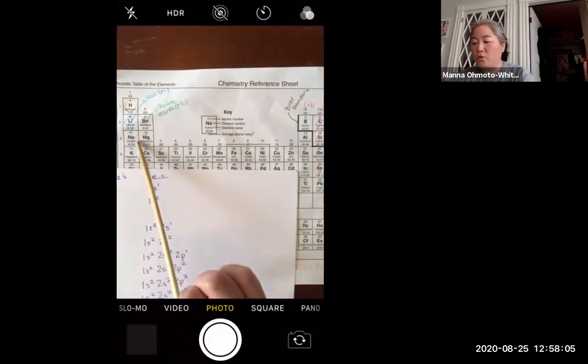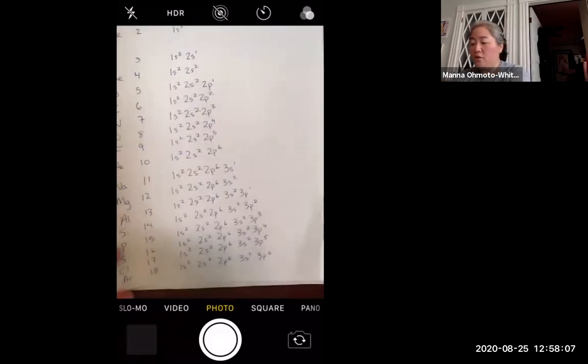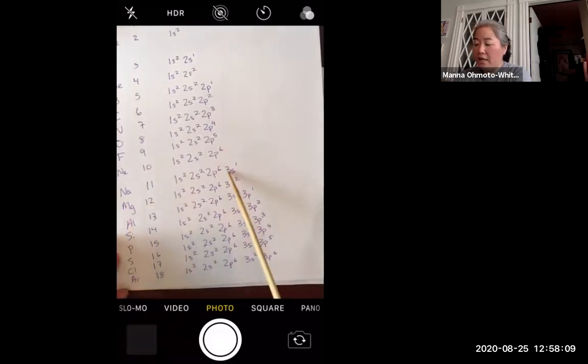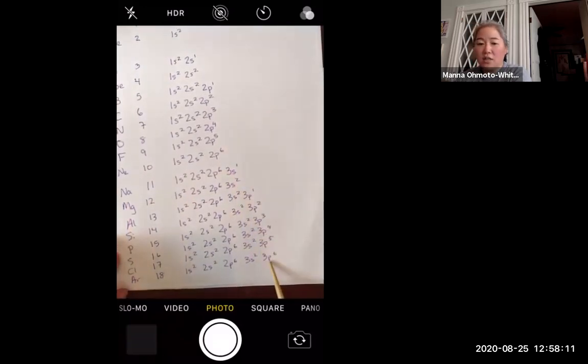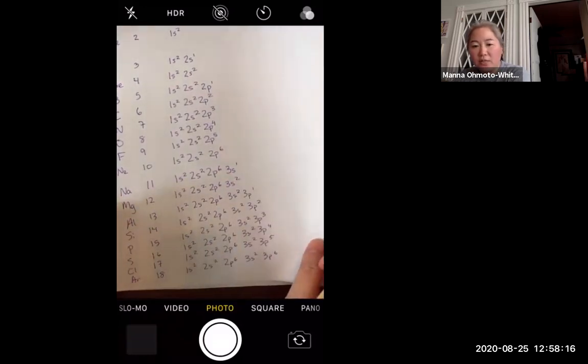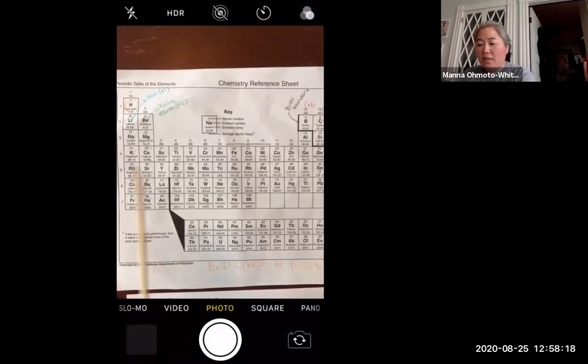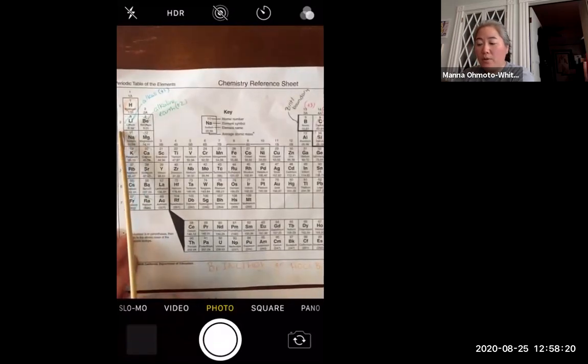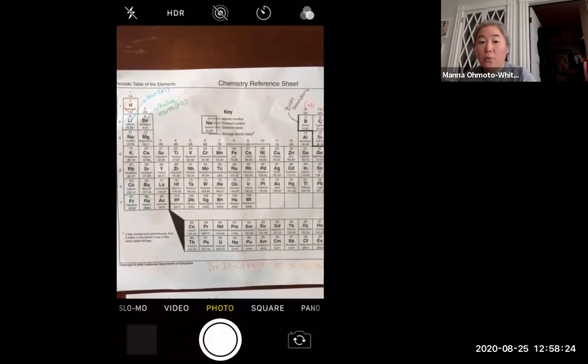Let's see if that holds true for sodium through argon. Sodium through argon have their last electrons in the third energy level. So one of the amazing things that you're realizing now is that for the periodic table, the row number corresponds to the highest energy level where electrons are located.